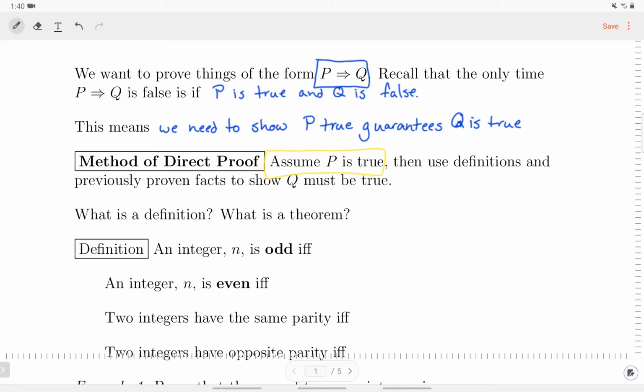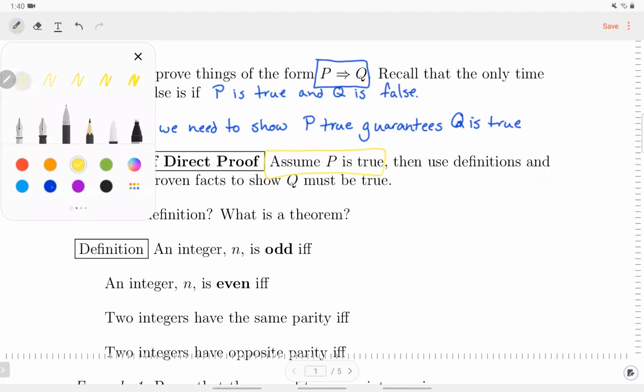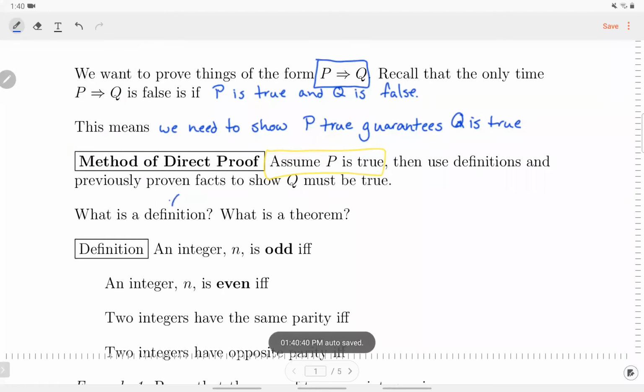What do I mean by definition? A definition, well, that's just our agreed upon meaning of a word. And a theorem is going to be a proven fact.